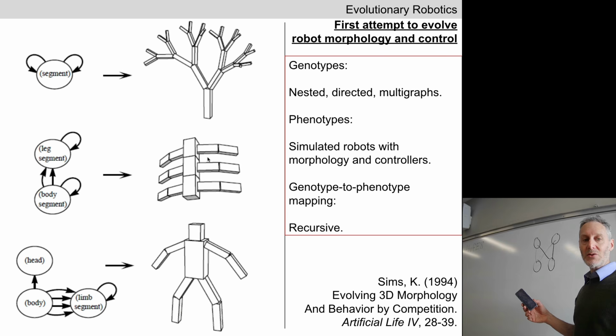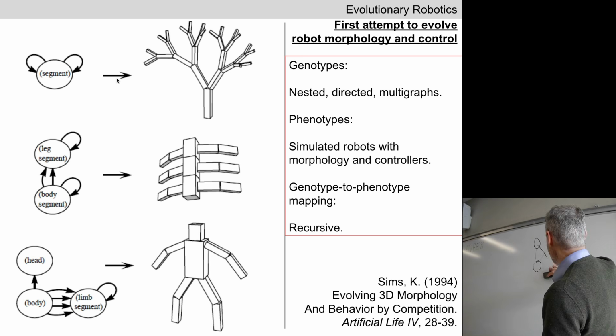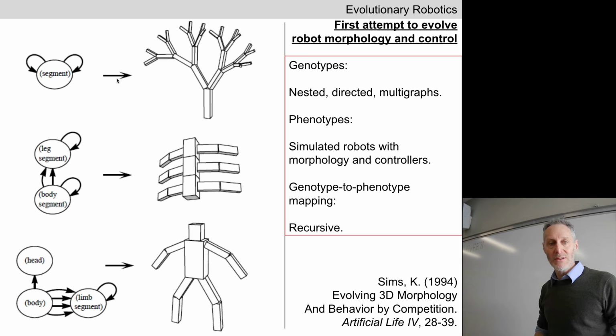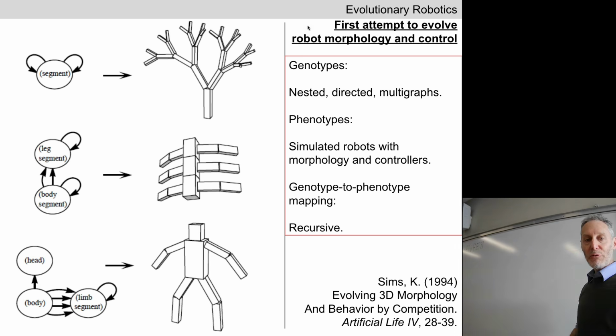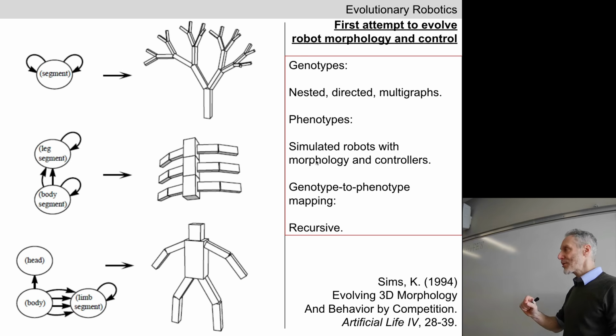This genotype describes how to build this thing. Genotype, phenotype. We're going to talk in a moment about the arrow, the mapping, the way that this genotype is turned into a phenotype. The phenotype, as always, is a simulated robot with a particular morphology and controller.